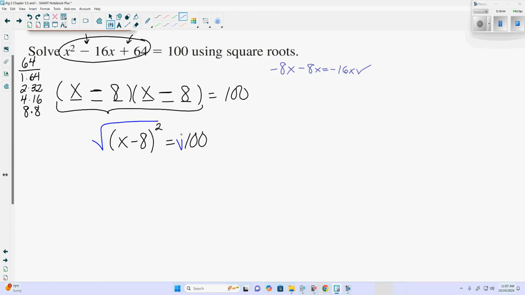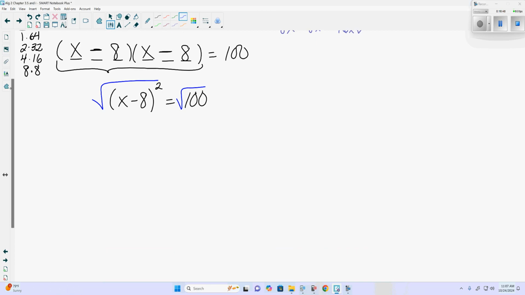I can take the square root of both sides. Here, the left-hand side, the square root and square will cancel, telling me that x minus 8 is equal to plus or minus the square root of 100, which is 10.